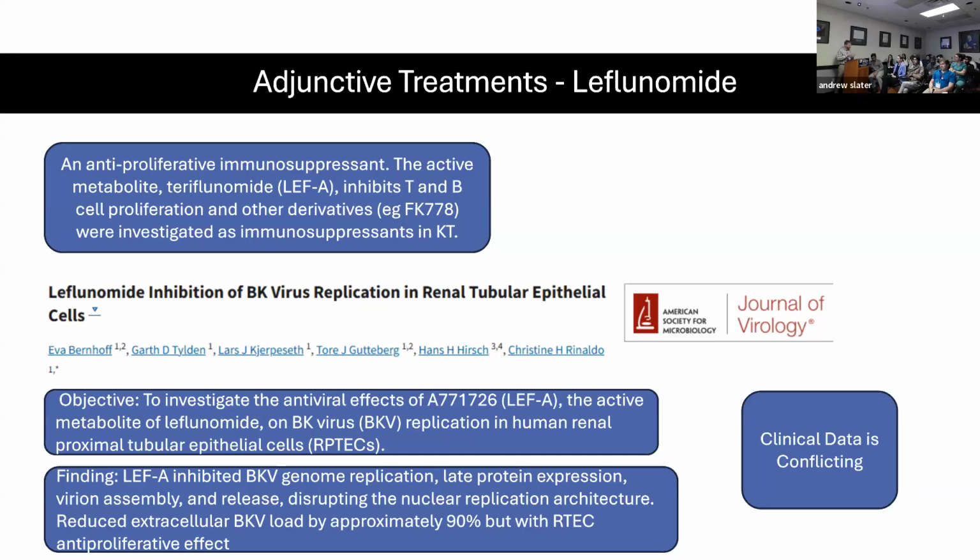The compound did inhibit BK virus genome replication, late protein expression, that would be VP1, VP2, and VP3, and then virion assembly and release, disrupting the nuclear replication architecture. This reduced extracellular viral load by approximately 90%, but it came with a profound renal tubular epithelial cell anti-proliferative effect. Right, so that was the downside, and then the clinical data is just conflicting when it comes to leflunomide.